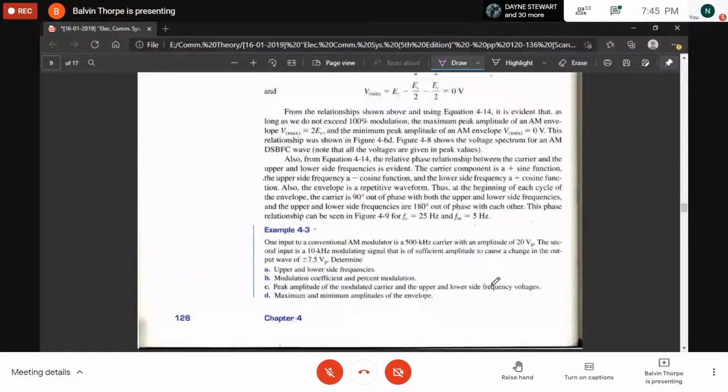So we know what the modulation index already is. So it would be the modulation index multiplied by the voltage of what we're working with divided by 2 for the sidebands, but for the main one for EC it would be EC times the modulation coefficient. No.